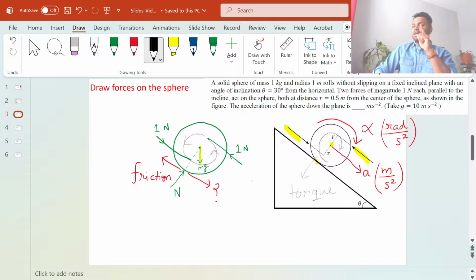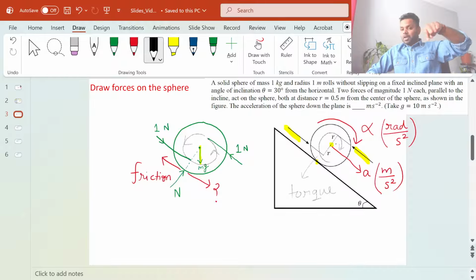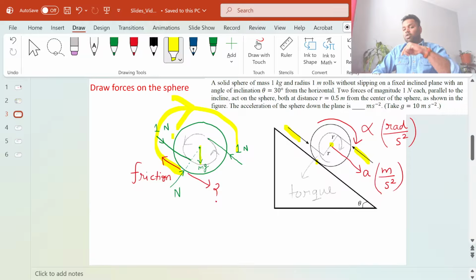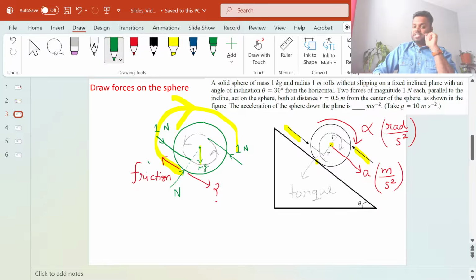And we just concluded that if the sphere is rolling without slipping downward, the net torque on the sphere has to be clockwise. So the friction has to be upward. Then it will create a net clockwise torque on the sphere. So that's how we know that this is correct. That friction is acting upward.